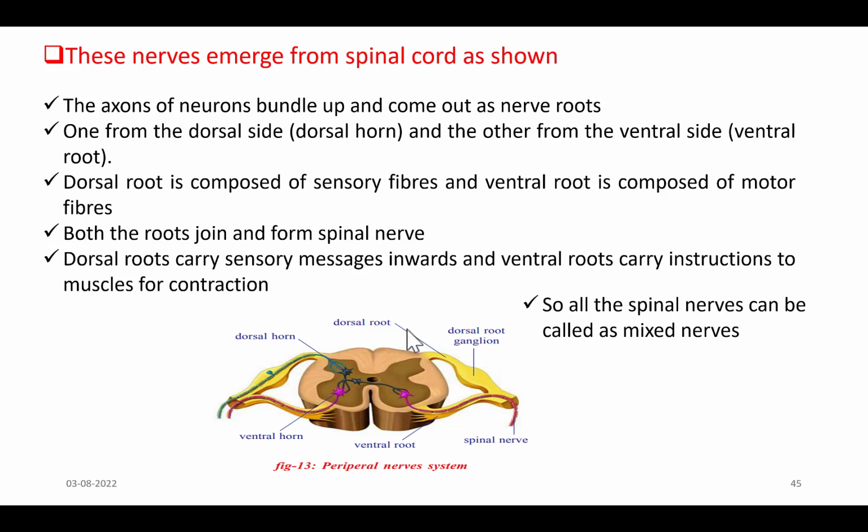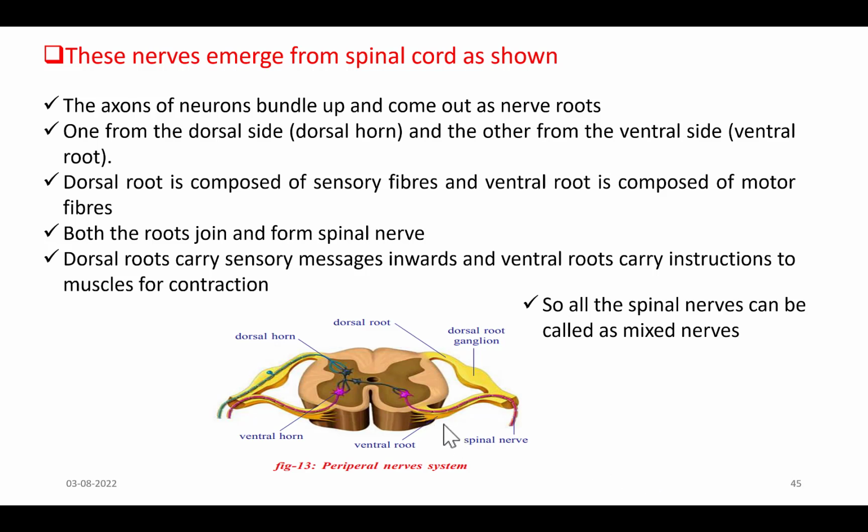The dorsal roots are composed of sensory axons or sensory fibers. So these two dorsal roots are made up of sensory fibers. So we can call them sensory nerves. What is the function of sensory nerves? Sensory nerves bring messages from different parts towards the spinal cord, and from the spinal cord the information is sent to the brain. The brain analyzes that information and sends commands again to the spinal cord, and from the spinal cord the motor nerves take that information to the body parts.